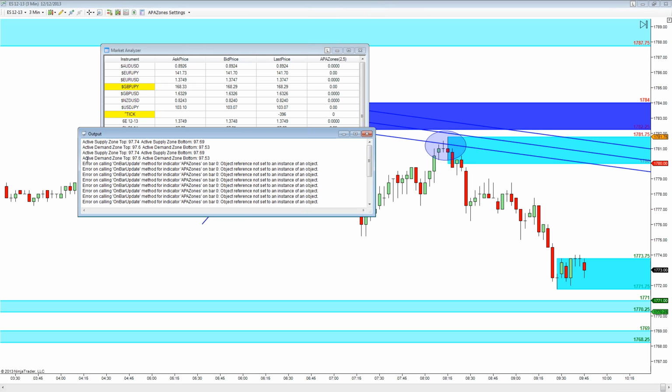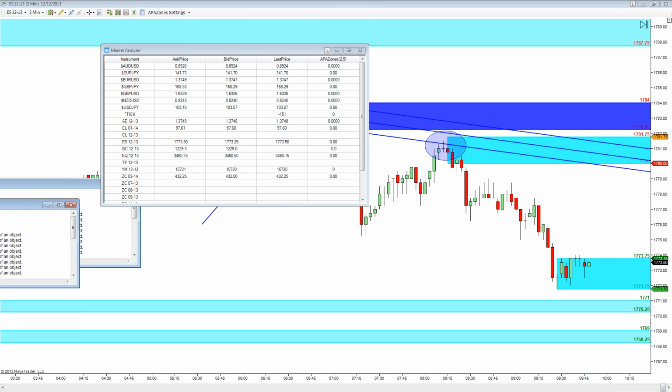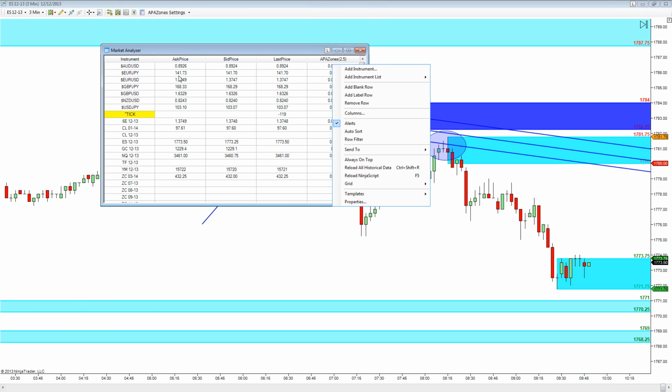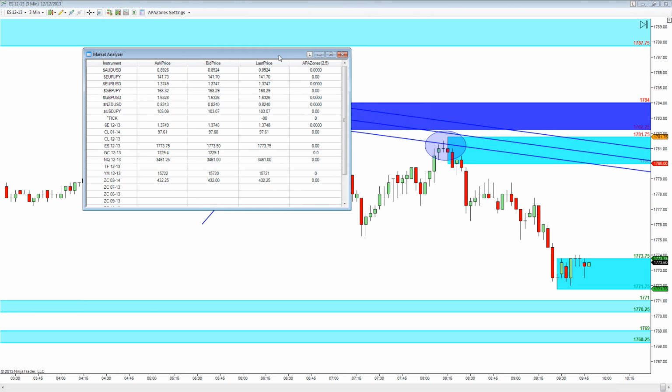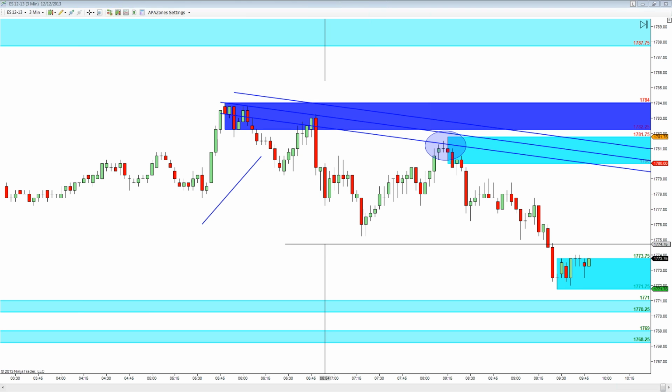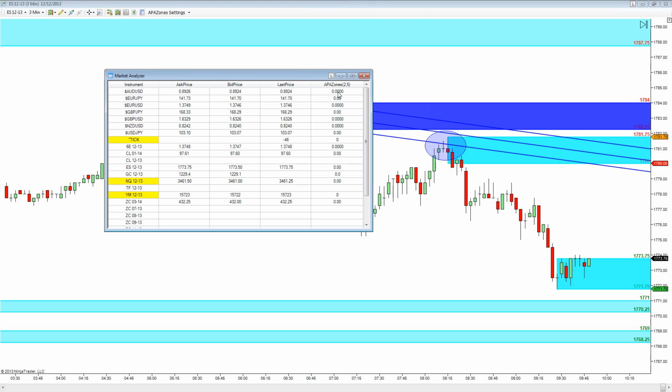Apparently we're getting some error message now, but from the CL chart that I have running, I can see where my active supply zone is and active demand zone is on every single bar, if it is there. But for whatever reason, it's not applying it to the different time frame of that zone. So I may be overloading this database and it's destroying it. Going to have to do a little bit more work there, but technically it is available.